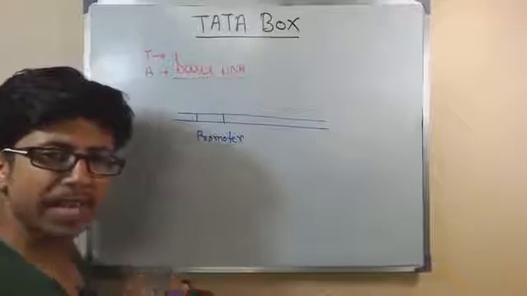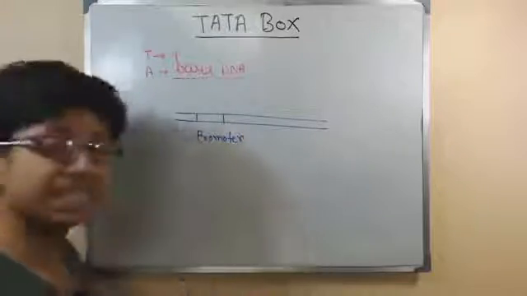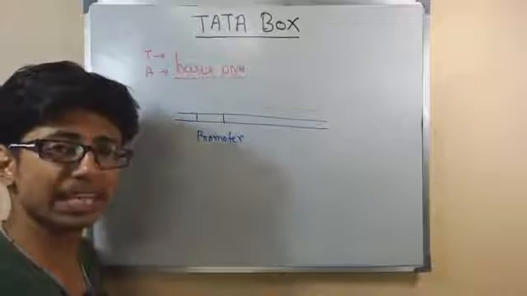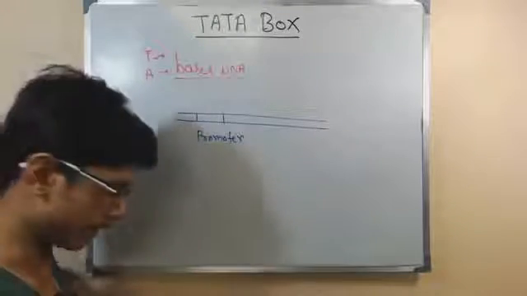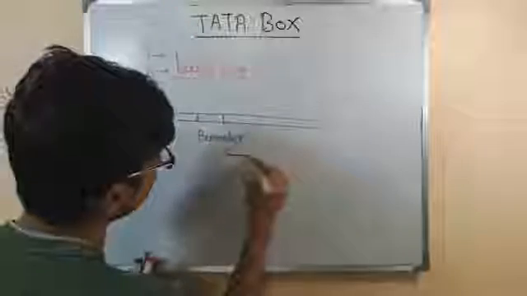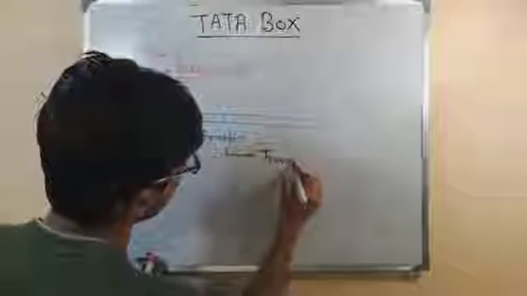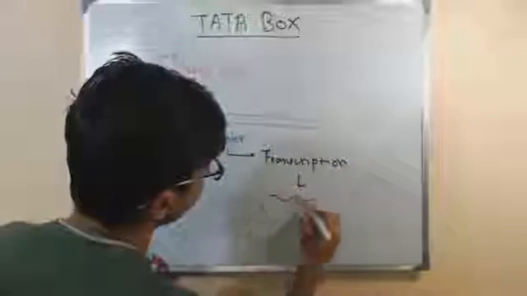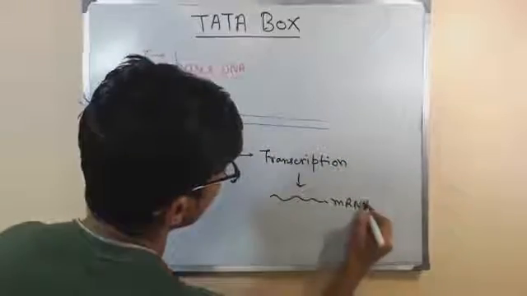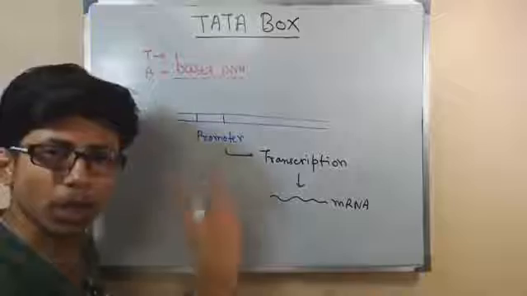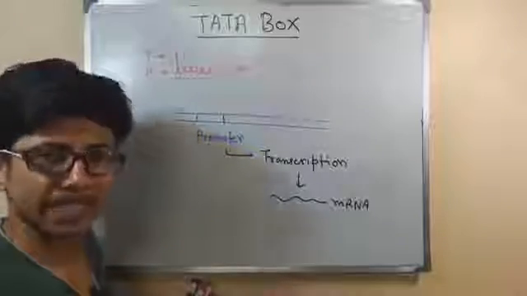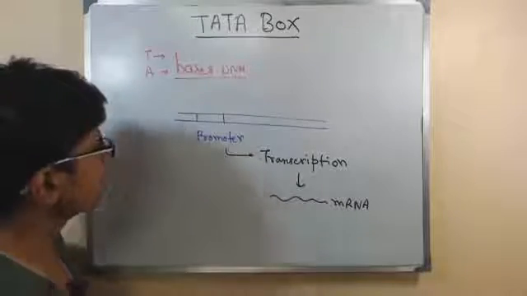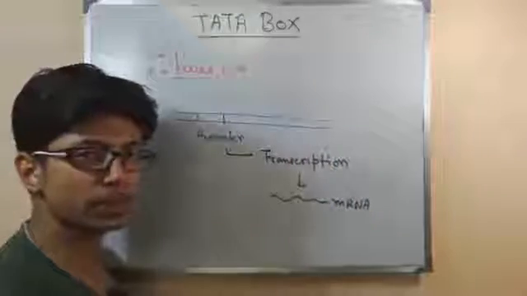Because this region helps in promoting transcription, not replication, transcription mainly. So they help in transcription of the DNA, that means to produce mRNA from the DNA by the use of the RNA polymerase enzyme. Right? So here what we know, the promoter promotes the transcription process.